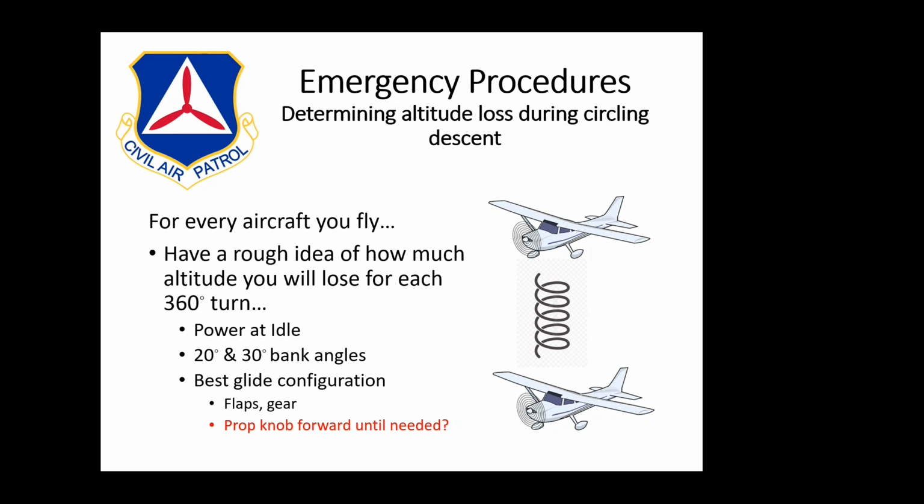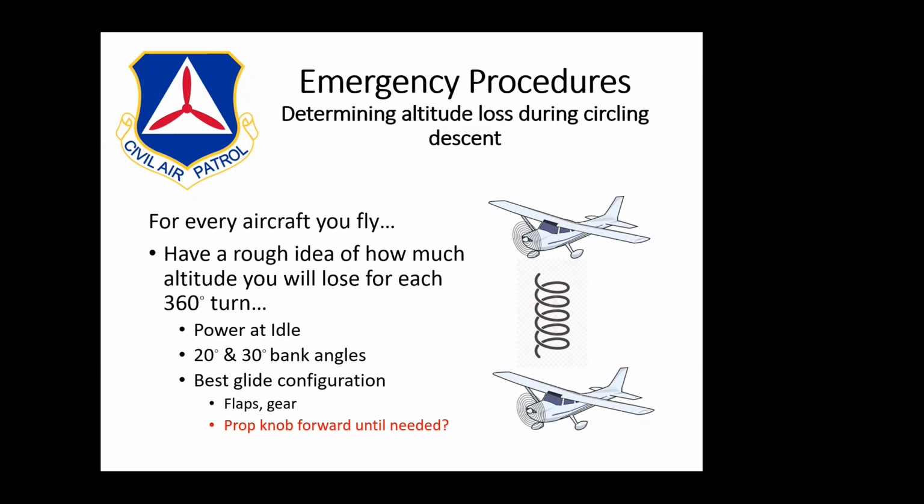And I put the prop knob in red here. I'm not a fan of pulling the propeller back early. Particularly in training, it's a risky problem, because as you start to apply power to do your go-around or come out of the procedure, it puts a lot of strain on the engine if you have that prop back.